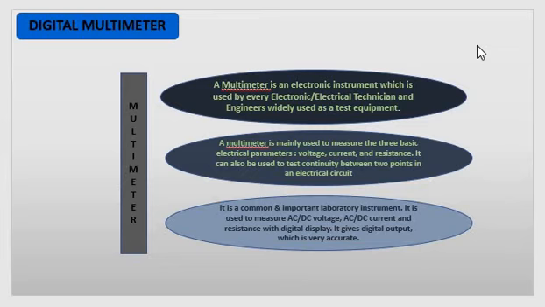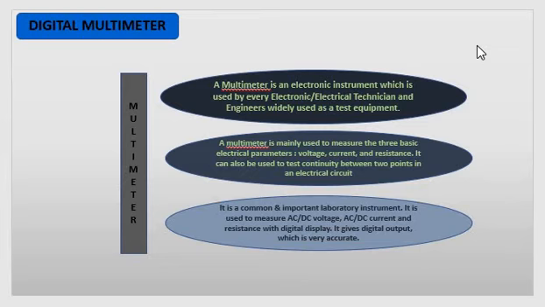A multimeter is mainly used to measure the three basic electrical parameters: first voltage, then current and resistance. In some multimeters, additional features can also be observed, like measurement of frequency, measurement of capacitance, or testing of transistors, diodes, etc. So depending upon our requirement, we can choose the appropriate multimeter to use.